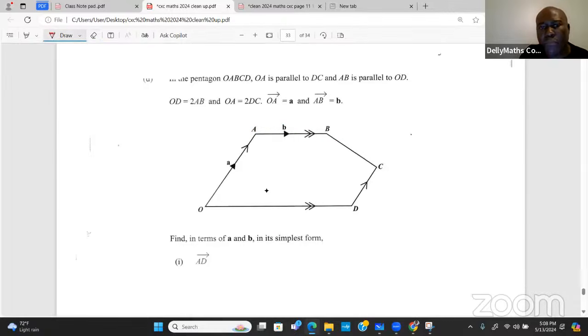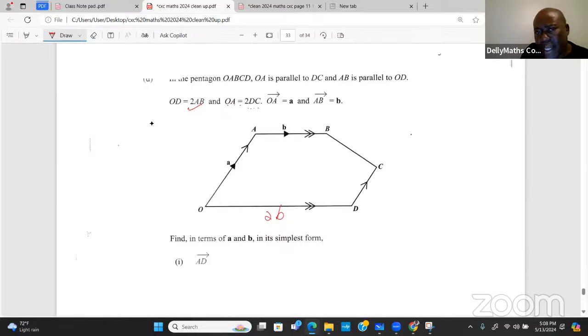All right, let's keep going. Now, what information do we have? OD is 2AB. If AB is just B, that means OD must be 2 times B, 2B, because it is 2 times AB. So you could put on the labels like that. Now OA is equal to 2 times DC, right?